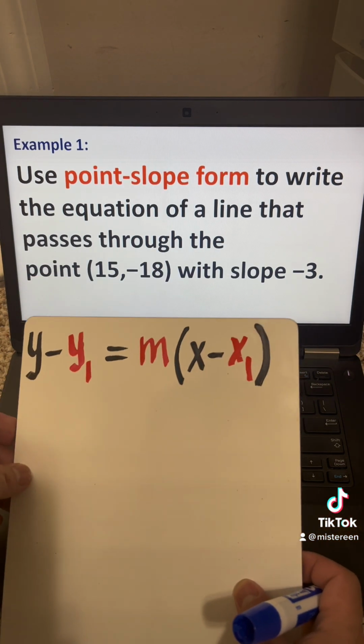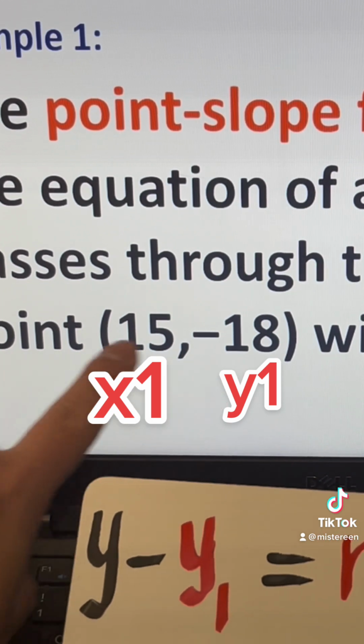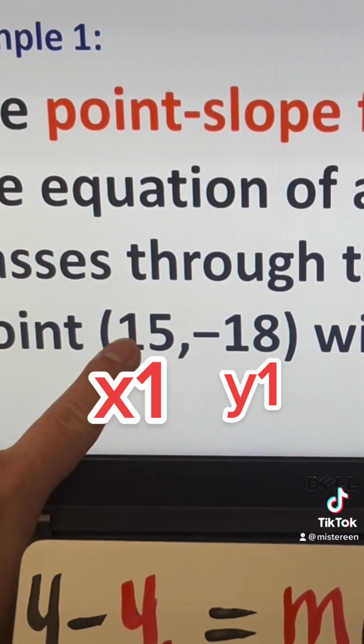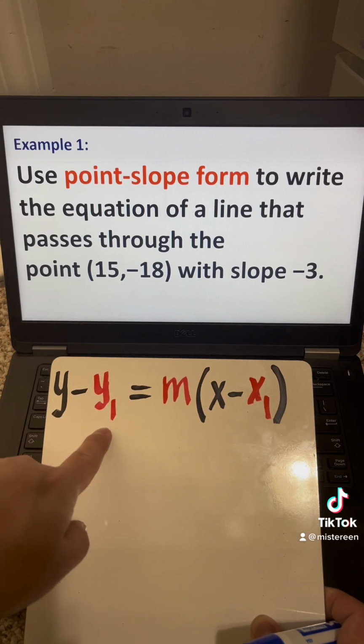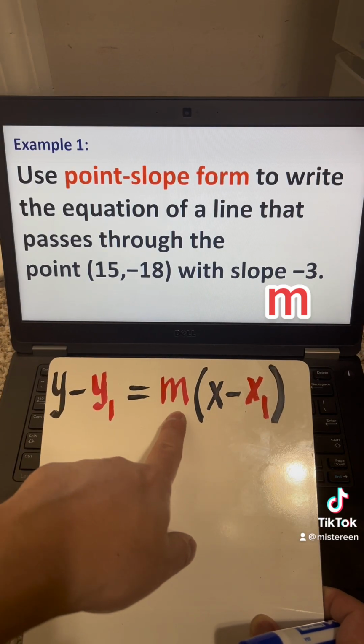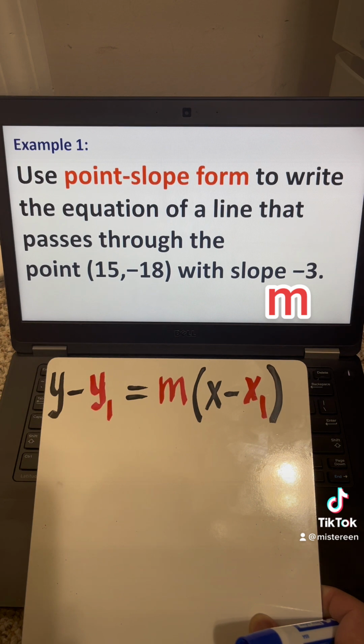If you go back to the problem, we have here a point 15, negative 18. So this is our x1, and this is our y1. We also need the slope m, which is given in the problem. So we have the things that we need, so we can now write the point-slope form.